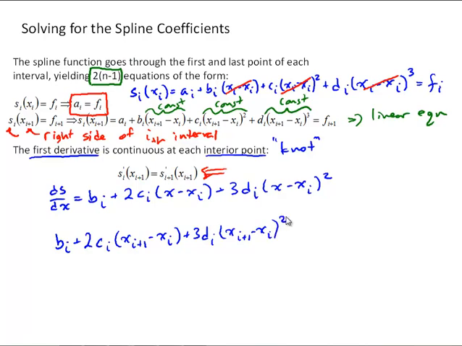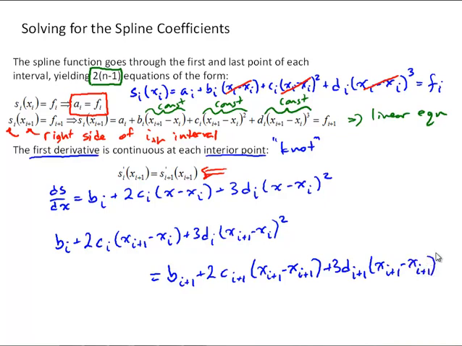And then for the right-hand side, we're going to plug xi plus 1 into the i plus 1 spline function derivative. So that's going to be equal to bi plus 1 plus 2ci plus 1 times (xi plus 1 minus xi plus 1) plus 3di plus 1 times (xi plus 1 minus xi plus 1) squared.